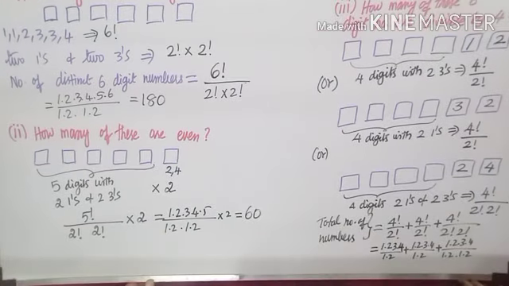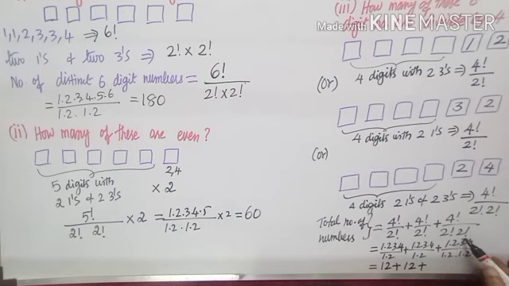As we add, my answer is 4 factorial by 2 factorial, 12, plus 12, plus 4 factorial by 2 factorial into 2 factorial, which is 6. Altogether 30. So we can frame 30 numbers which are divisible by 4.